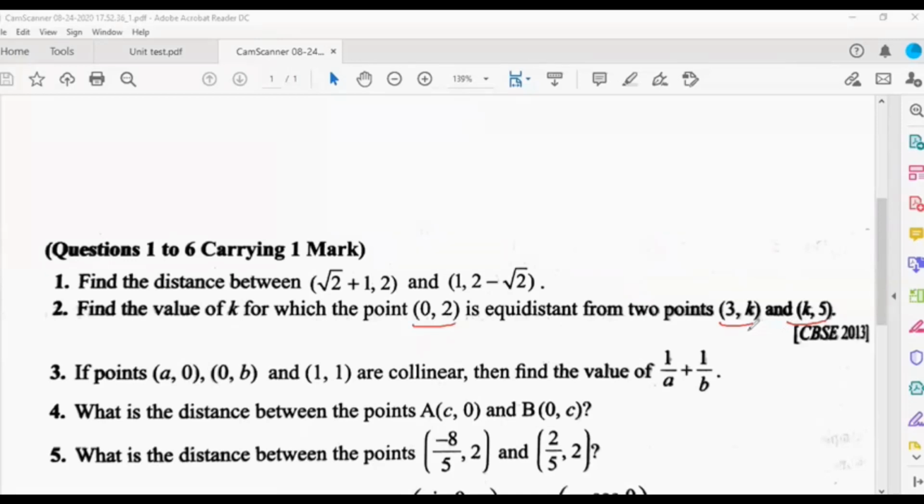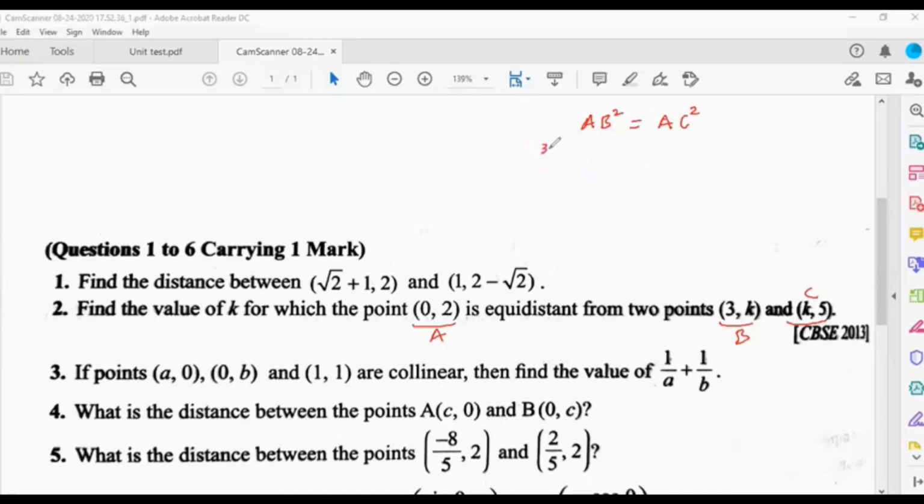So we can take the distance from, suppose this is A and suppose this is B and this is C. We can write that AB is equal to AC, because A is equidistant from B and C. Okay, so taking the squares, you can write AB square is equal to AC square.